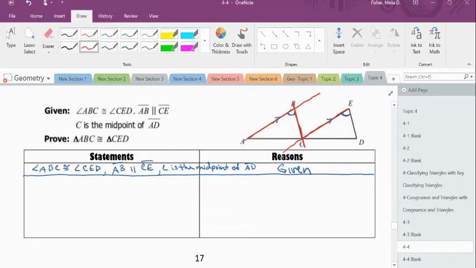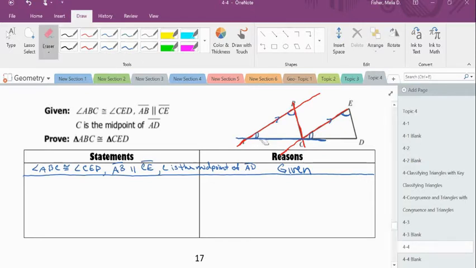Let's go ahead and extend these a little bit further and ask ourselves, is there another transversal? I see this transversal right here. And as I'm looking at those, I can see that this angle and this angle will be congruent.